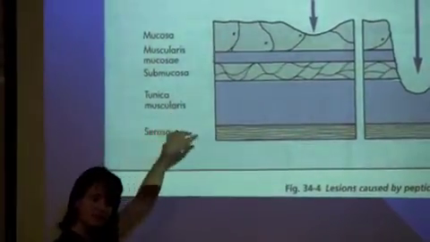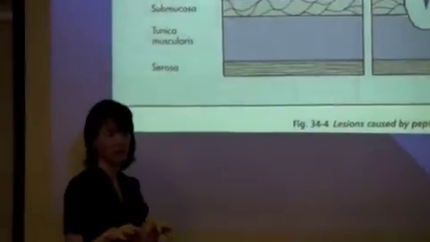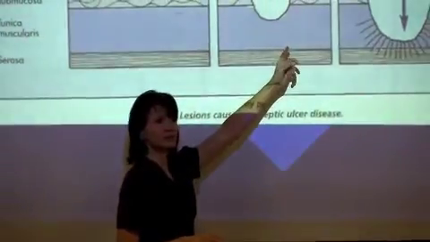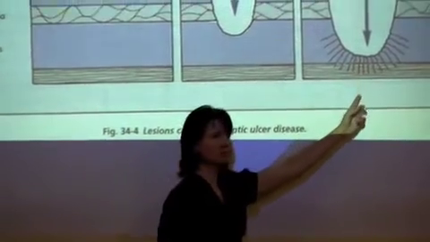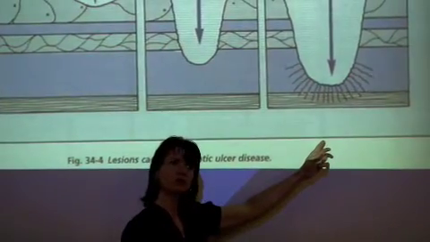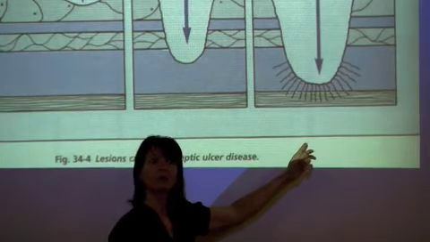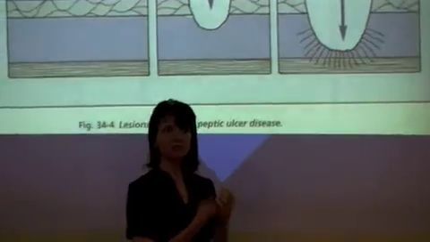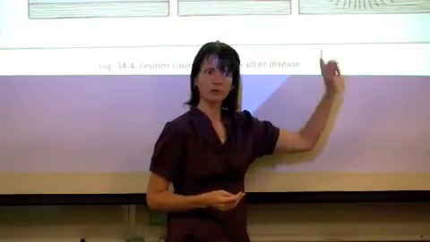The muscularis level is where we have the blood supply. That's the problem. If we have erosion so deep that we hit the blood supply, we're going to get active bleeding. If we have erosion so deep that it goes through the full thickness of the bowel, then we get perforation. So the serious deep ulcers can cause the active GI bleeding and perforation.